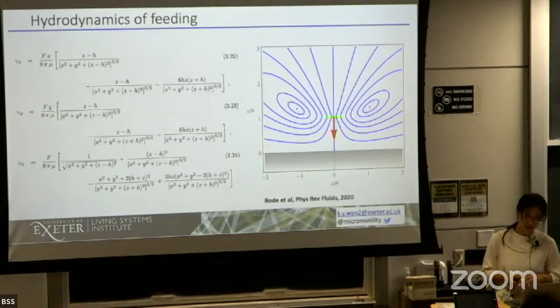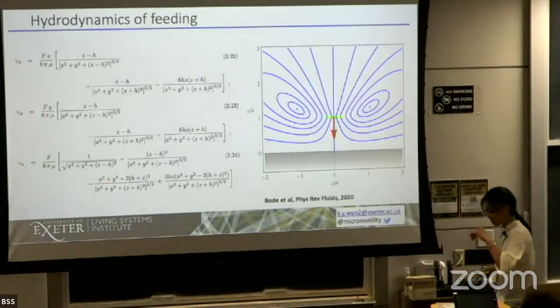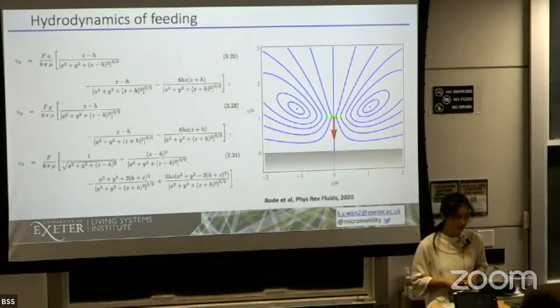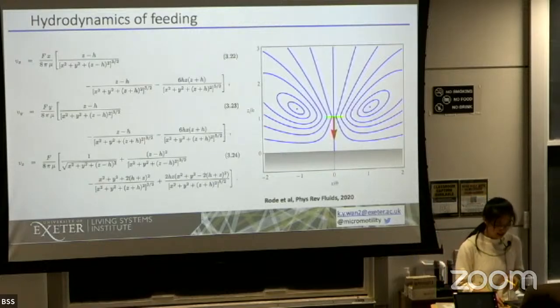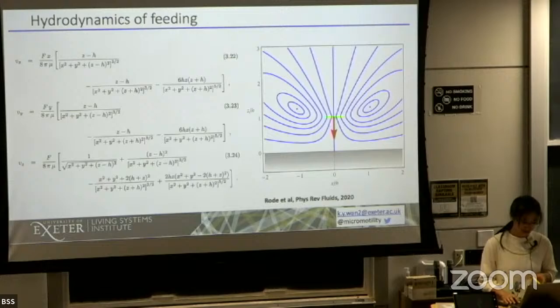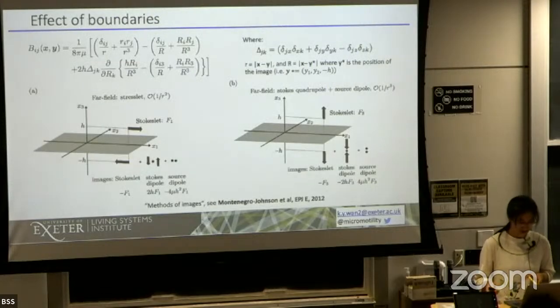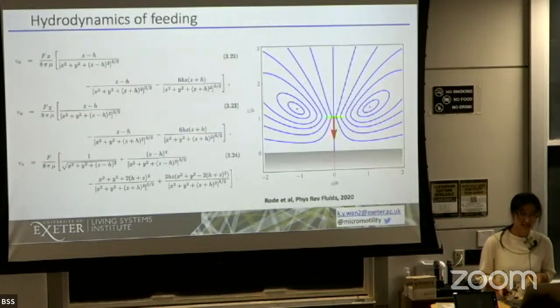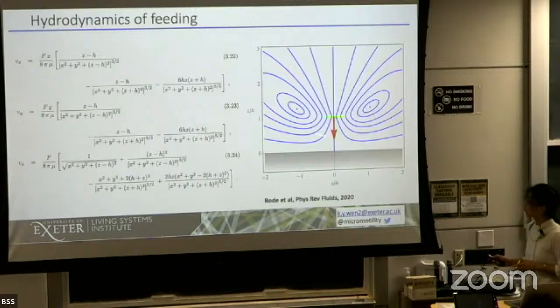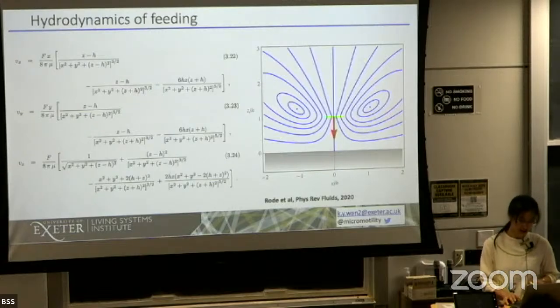If the Stokeslet were oriented perpendicular to the plane, then you can convince yourselves, or do the exercise, that this expression becomes something like this. And this is the associated flow profile that this configuration would generate.